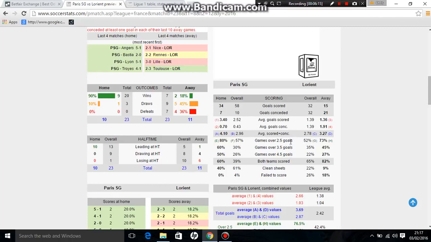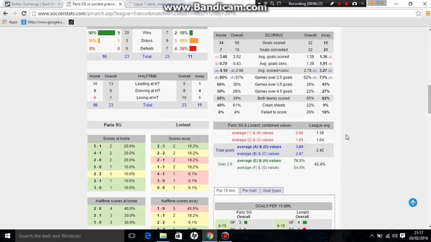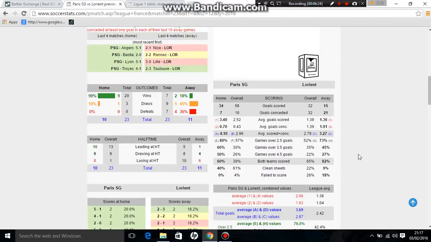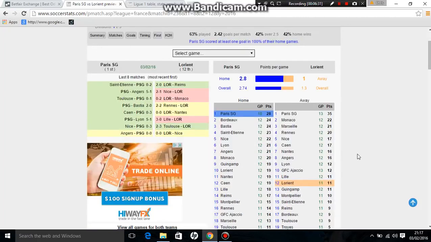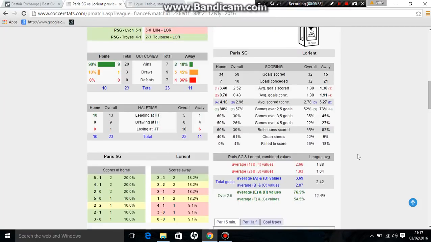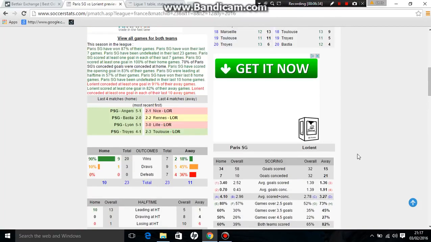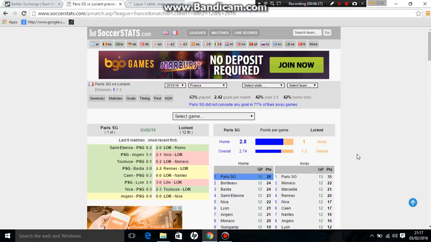And also, again, you can see that over 2.5 goals, 80%, 73%. So this is a fantastic game for us to trade on. And really, that's all there is to it. You don't need to look into anything else. That's pretty much all you need to know.